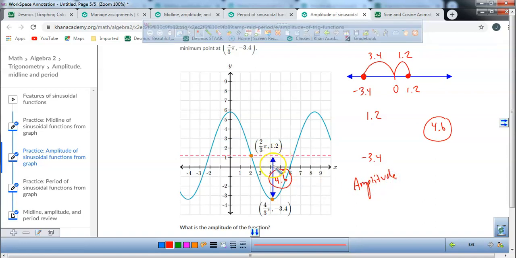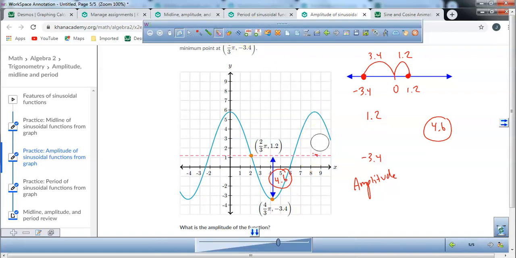The distance from the midline to the lowest point, or the distance from the midline to the highest point, from right there. And yes, I better make it nicer and neater. Okay. There, see? That's the amplitude. And right here, this would also be 4.6.